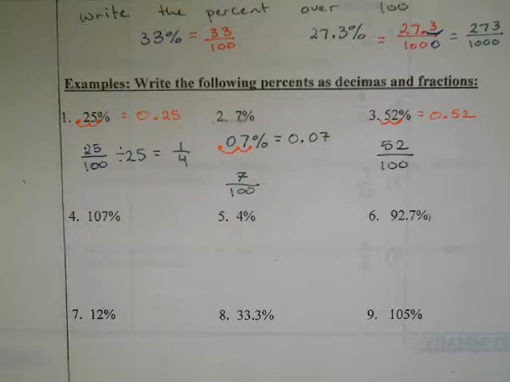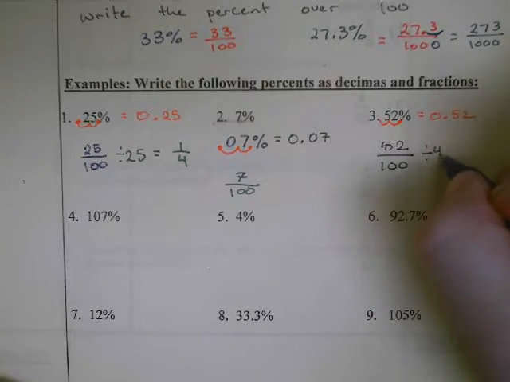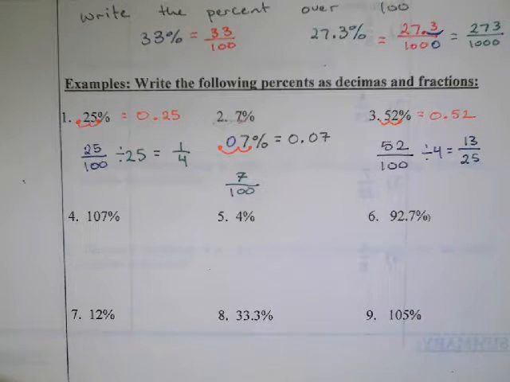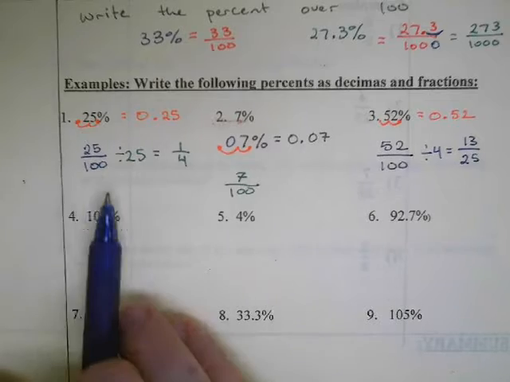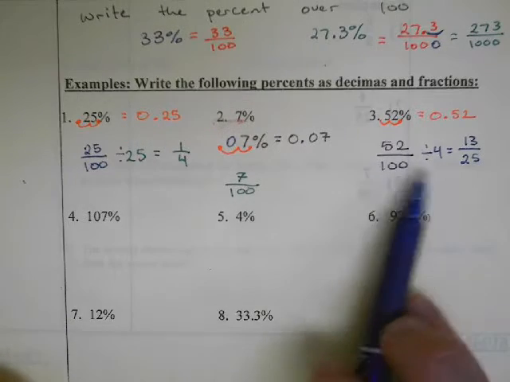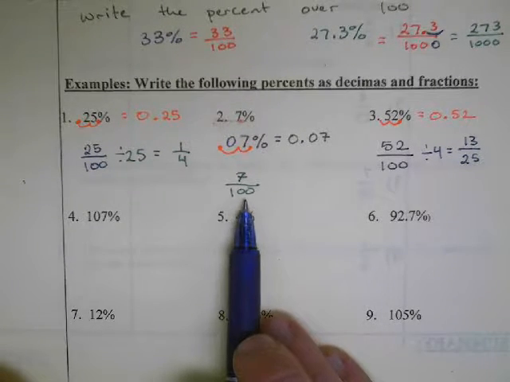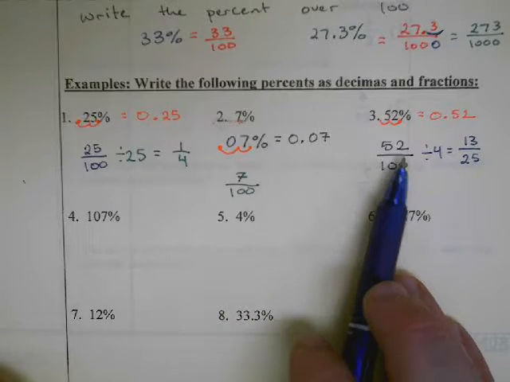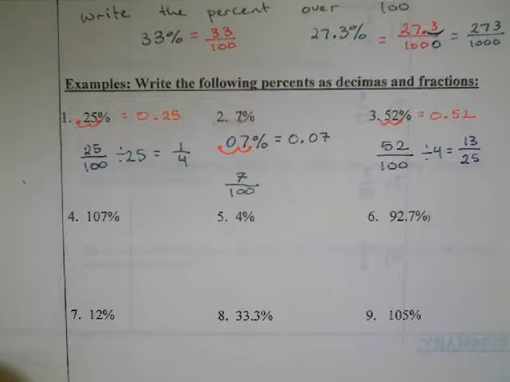We can divide both of these by 4, divide top and bottom by 4, and we'll get 13 over 25. So whenever you write it as a fraction, make sure you simplify it. 7 over 100 was already simplified. We couldn't reduce it anymore, but 52 over 100 can be simplified by dividing both the top and bottom by 4.